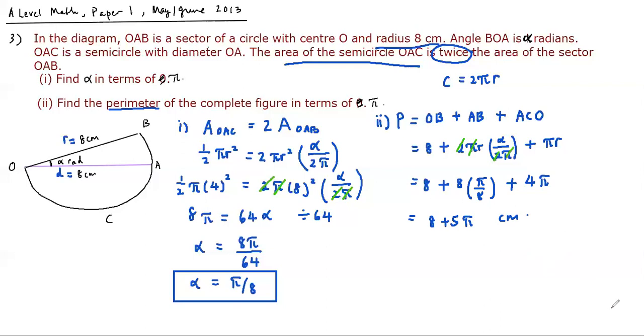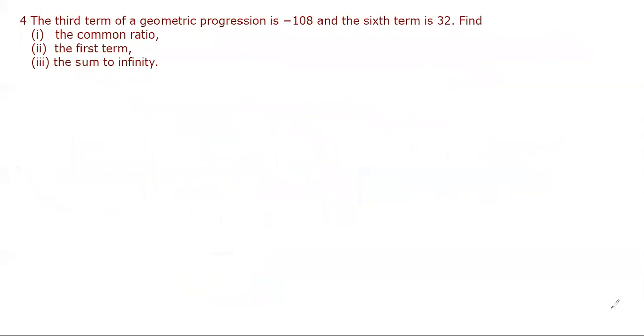Let's look at question 4. For question 4, we are looking at a GP here, a geometric progression, where the third term is negative 108.